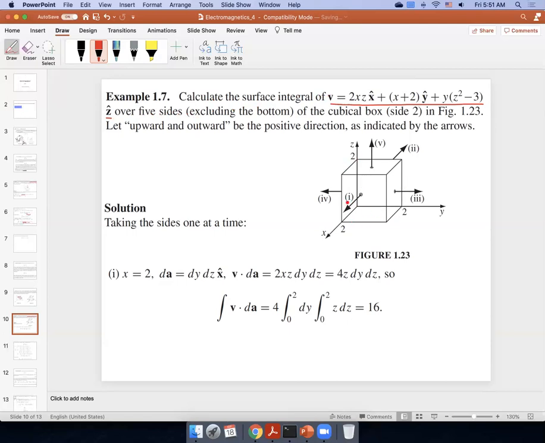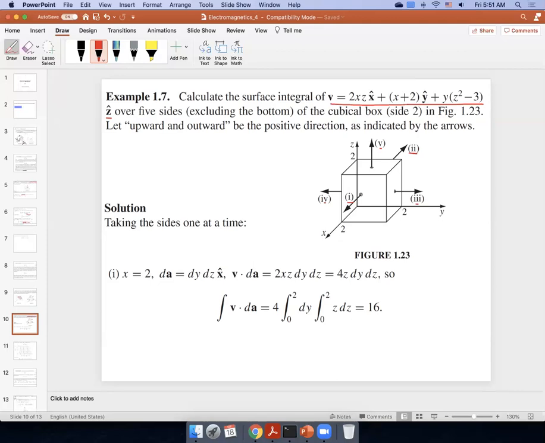Let's do the 5 sides: 1, 2, 3, 4, 5. Now you have 5 sides. And we choose upward and outward to be the positive direction, as shown by the arrows.